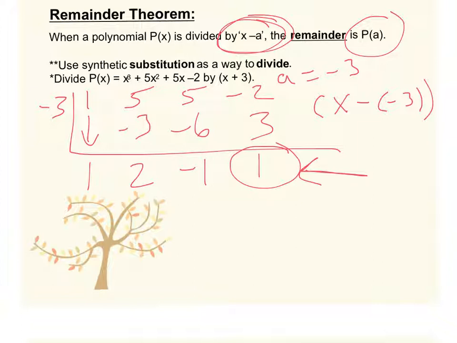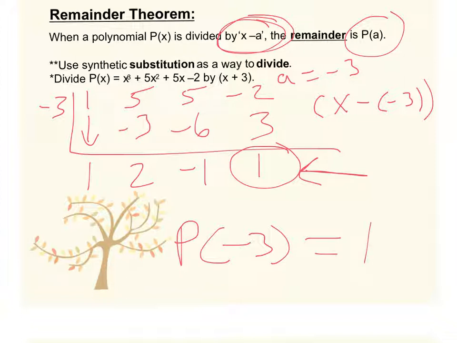Now, the way this can be used to check for zeros is if this remainder comes out to be 0, we've got ourselves a 0. In this case it doesn't, but what the remainder theorem says is that p of negative 3, if I were to put that in as an x value, the y value is 1.